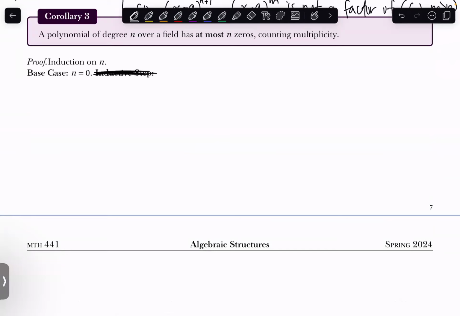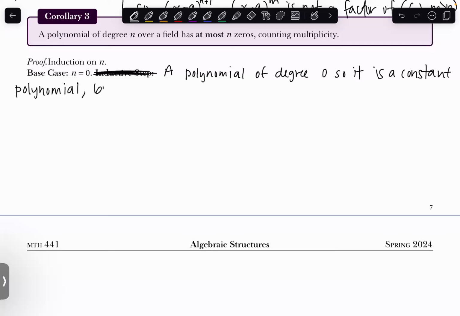Our degree is 0. Immediately we know this is going to be a polynomial of degree 0. I need to think about my constant polynomials as functions.